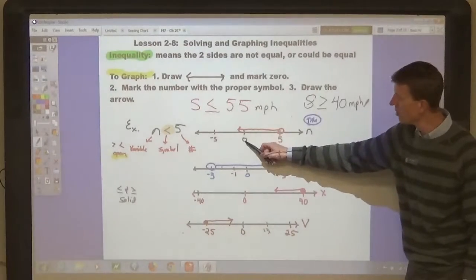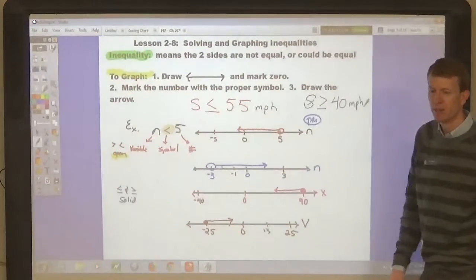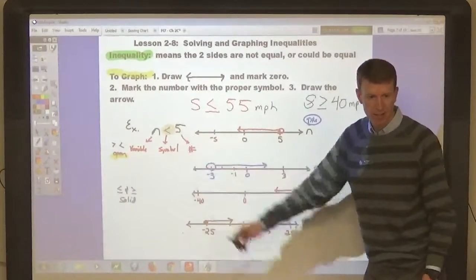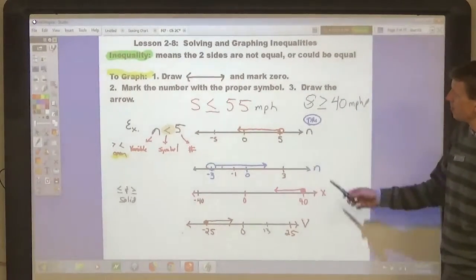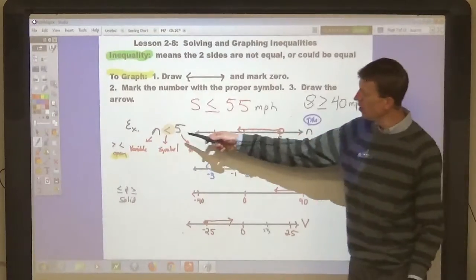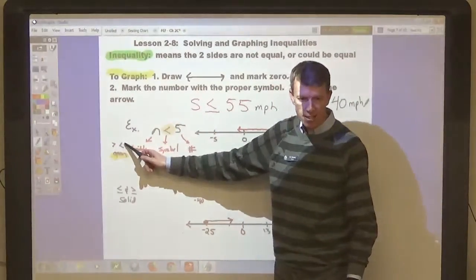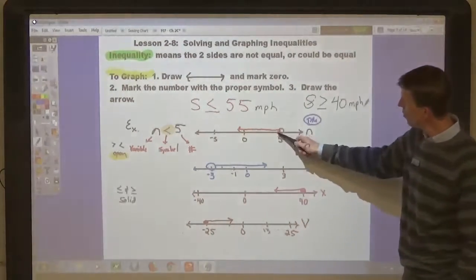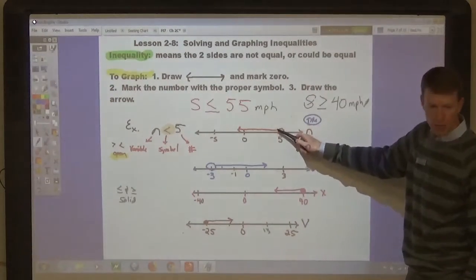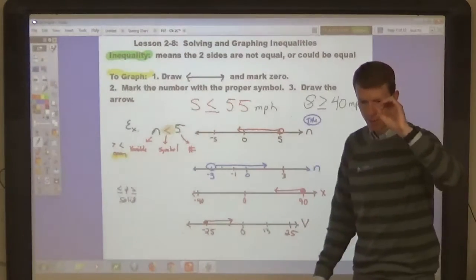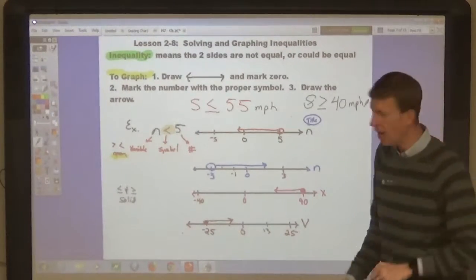And always mark where 0 is on the number line, because then you can tell where the positive side is and the negative side. Then, if the symbol is just greater than or just less than, then we're going to use what's called an open dot, which means we mark the number, but we use an open circle. We just use a regular circle on the number.